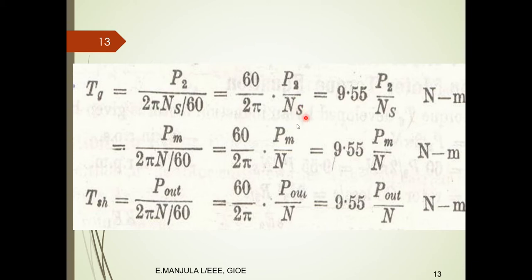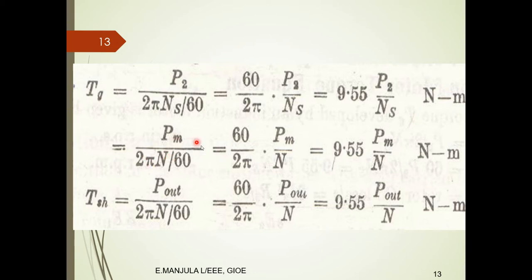Ns is nothing but synchronous speed, not the slip S. It is synchronous speed, and torque is in Newton meters. So Tg is equal to 9.55 into rotor input divided by synchronous speed, in Newton meter.